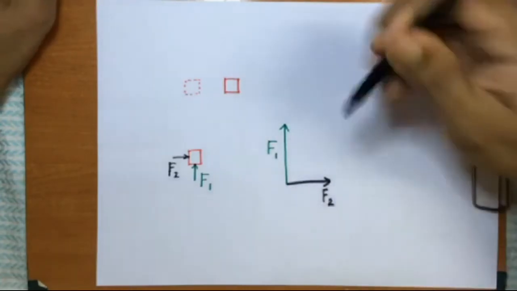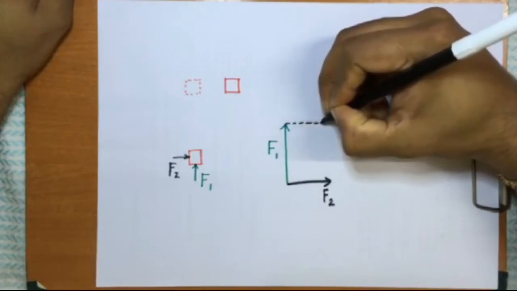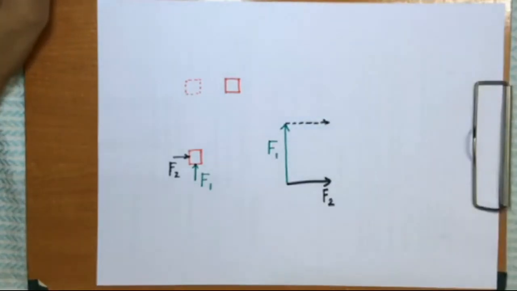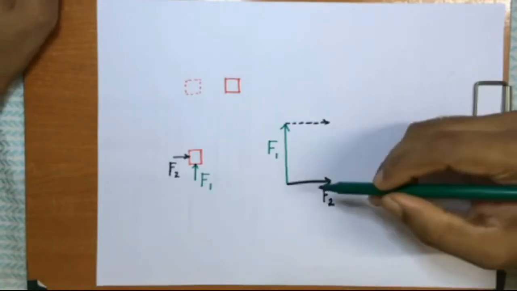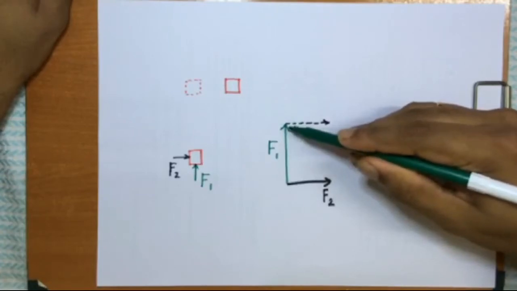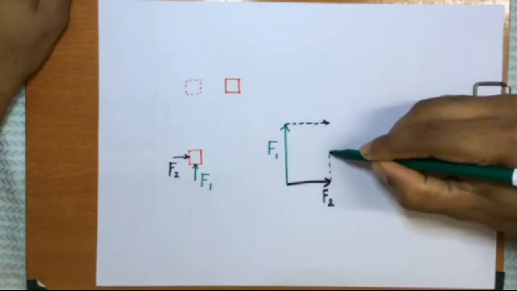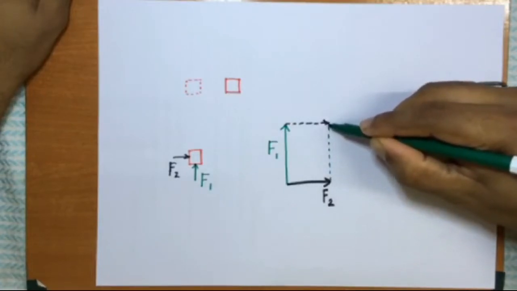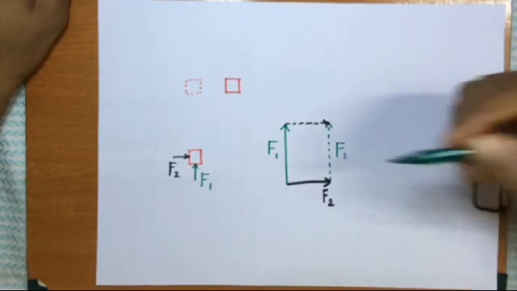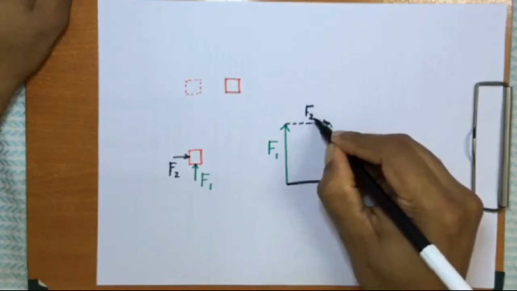Over here I will make another force vector, and in the same way at the tip of this force I start constructing the F1 force length. So this is equivalent to F1 and this is equivalent to F2.